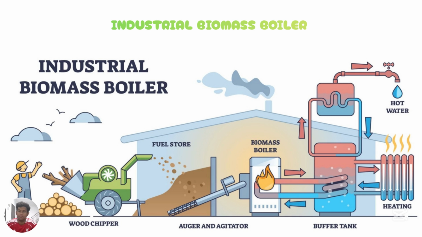The hot water from the tank is then circulated through heating coils or radiators to provide space heating. At the same time, the system can deliver hot water for industrial or domestic use. Overall, an industrial biomass boiler is a clean and renewable heating system. It reduces reliance on fossil fuels, uses waste biomass efficiently, and provides continuous heat and hot water for large facilities.